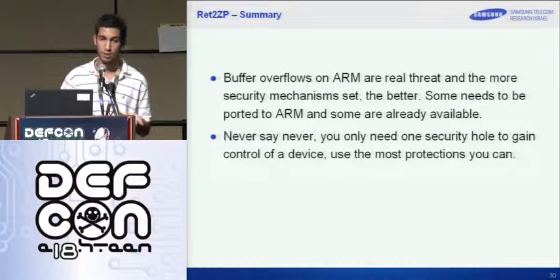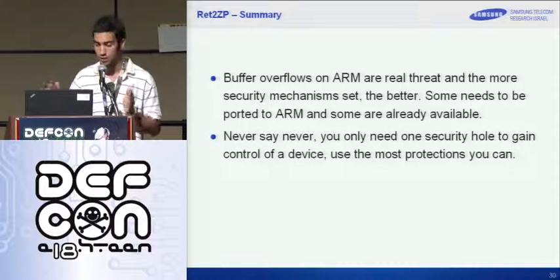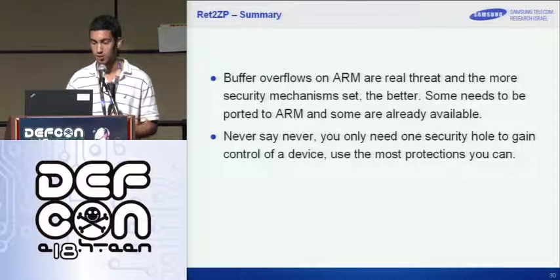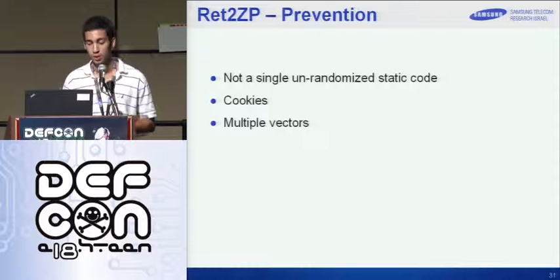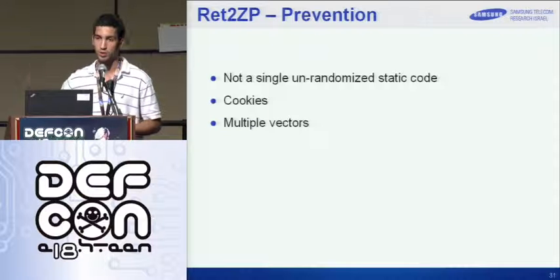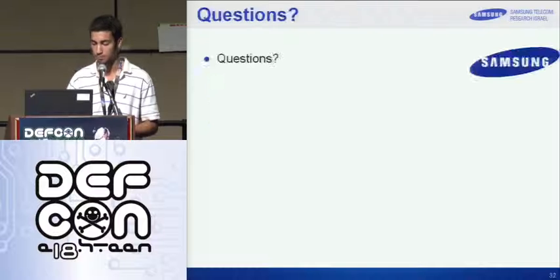Sometimes it can be even easier, sometimes it's harder. It's not a hacker's heaven like x86, but it can be done. If you want to prevent it, we want not a single unrandomized static code, and stack cookies, and as many vectors as we can to prevent buffer overflows, the better.